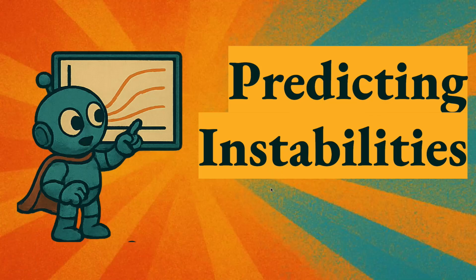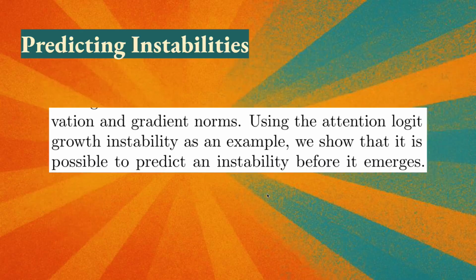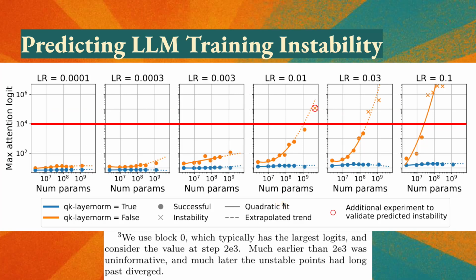All right, so the next thing they did is they wanted to see, with all of these experiments that they're doing on these relatively small models, can we predict large-scale model instabilities based on this information? Using the attention logit growth instability as an example, we show that it is possible to predict an instability before it emerges.